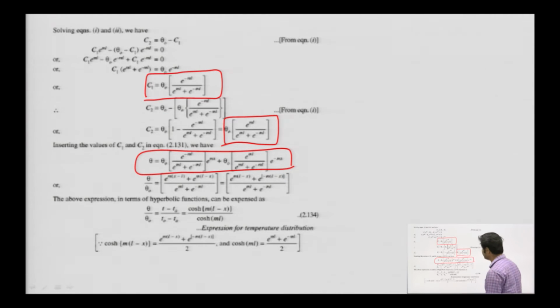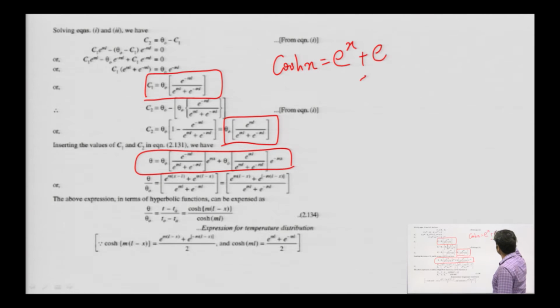Now one thing you might be remembering from your class 9th or maybe class 10th days, it is cosh x. So cosh x is e to the power x plus e to the power minus x by 2.